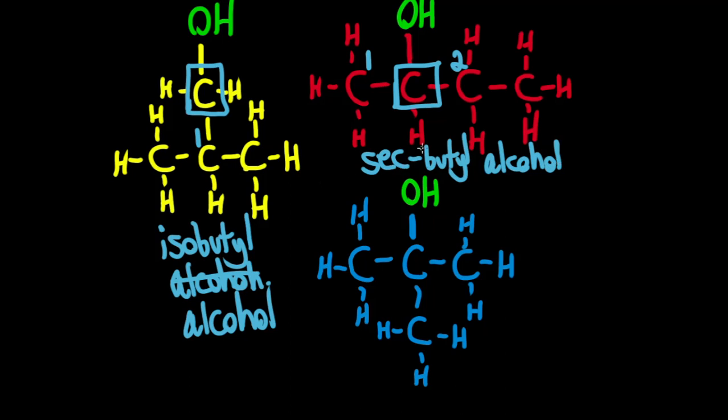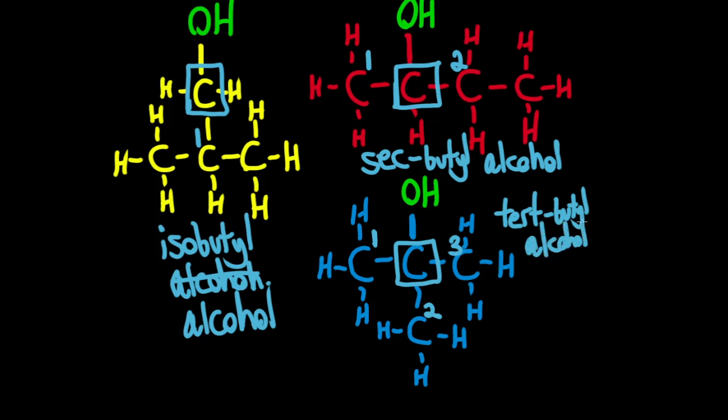For right now, focus on the butyl portion of this. And this one, I have my initial carbon there. And if the carbon attached to the functional group is also attached to 3 carbons, 1, 2, 3, I'm going to call this tert butyl alcohol.